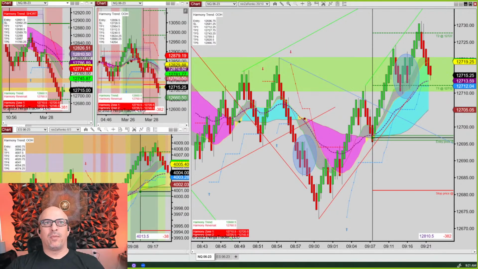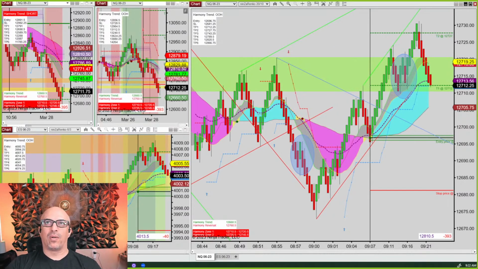So harmony zone number two in ES got hit at that 08 and they faded it into the middle of the range. So you should be seeing a bit of a push lower here in NQ.